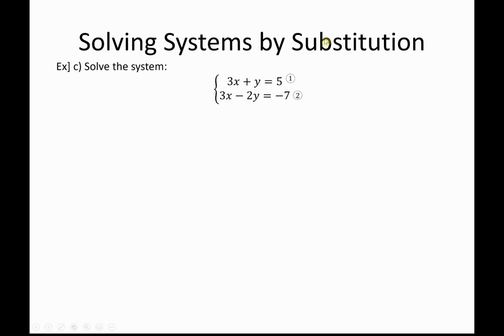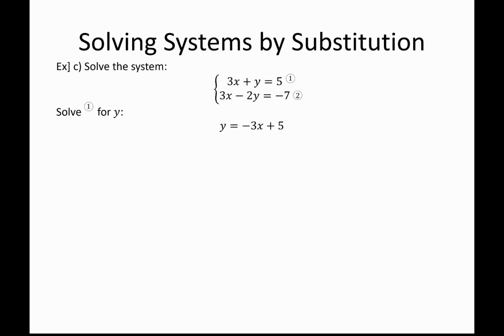However, we're still in this section called Solving Systems by Substitution, so being given this system, how would we go about starting the process of solving it by substitution? Well, I would take equation 1 and solve it for y, because it seems like it'd be one step to do that. It'd just be subtracting 3x from both sides, and then, poof, it's solved for y, and it looks like so.